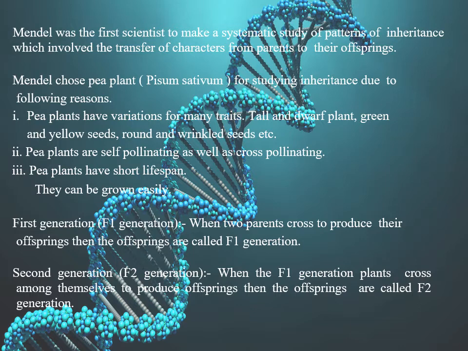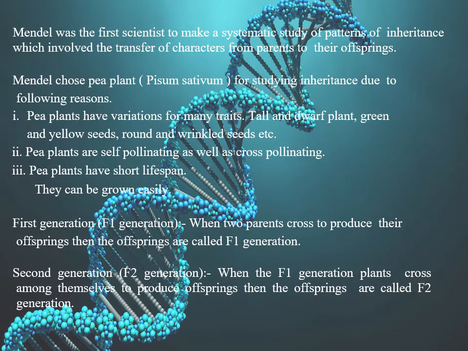So he chose pea plants. Pisum sativum is the scientific name of the pea plant, chosen for studying inheritance for the following reasons. Many reasons are there why Mendel chose the pea plant. First, pea plants have variations for many traits: tall and dwarf plants, green and yellow seeded plants, round and wrinkled seeded plants, and many more.